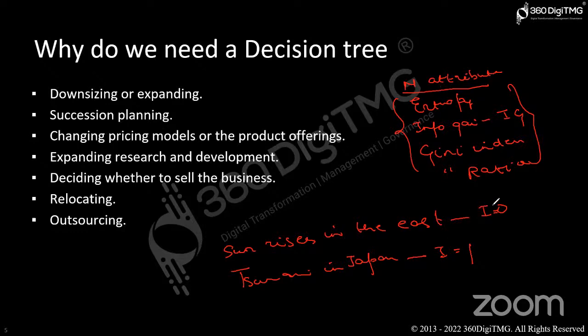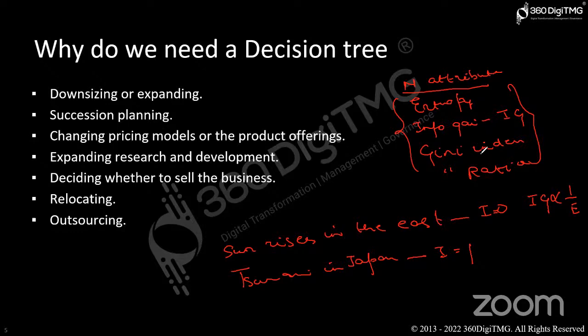Information gain is a decrease in the entropy, or you can say information gain is inversely related to entropy. It computes the difference between the entropy before the split and the average entropy after the split of the data set based on the given attribute value.